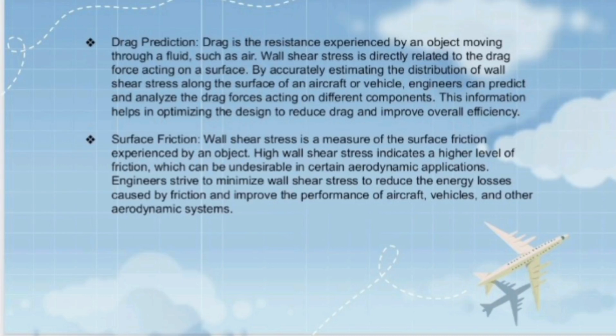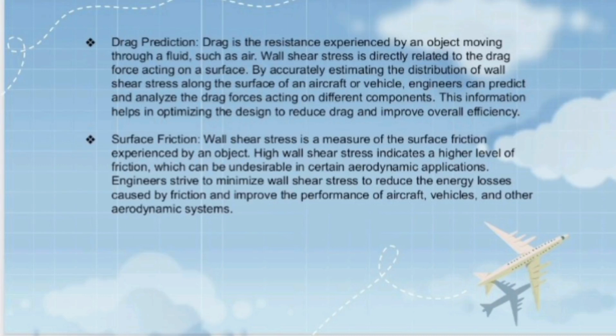Secondly, drag prediction. Drag is a resistance exerted on an object moving through a fluid such as air. Wall shear stress is directly related to the drag force acting on a surface.